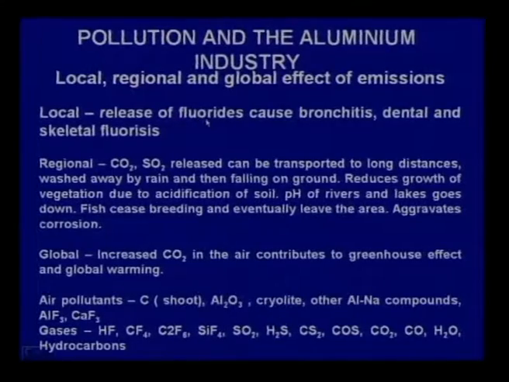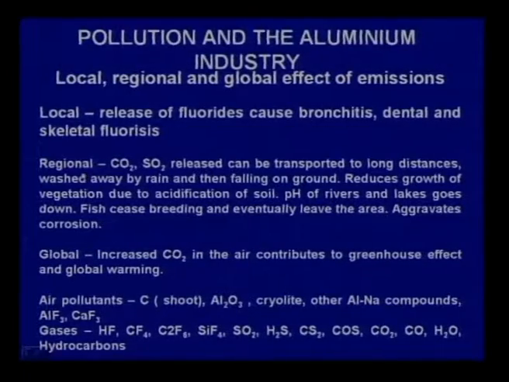Release of fluorides that cause bronchitis, dental and skeletal fluorosis. So, the population around aluminum plants, smelters, would have the problems of bronchitis, they will have dental problems, the skeletons will become weak, the bones would become brittle.